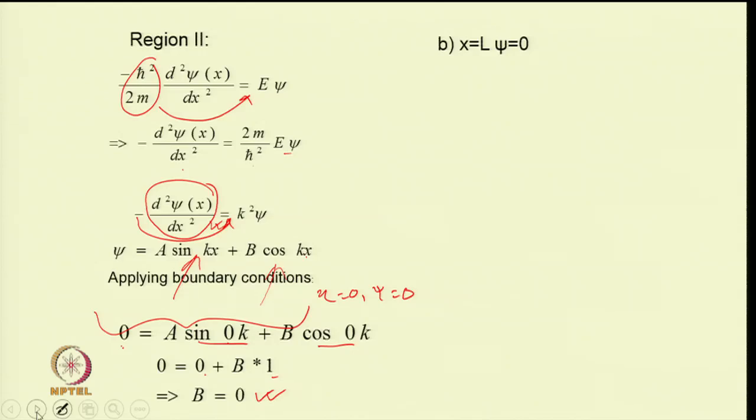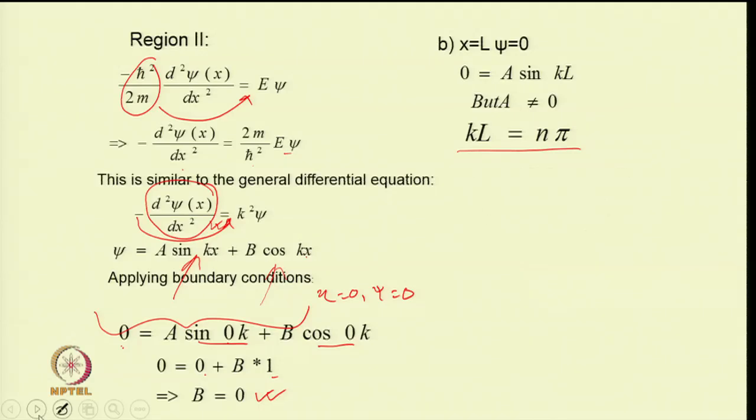Now, the second condition is at x is equal to L, psi is equal to 0. So, at L also the wave function must be 0, and if we apply that condition, what we are going to get is 0 is equal to A sin kL, and since A is not equal to 0, this means kL is equal to n pi.